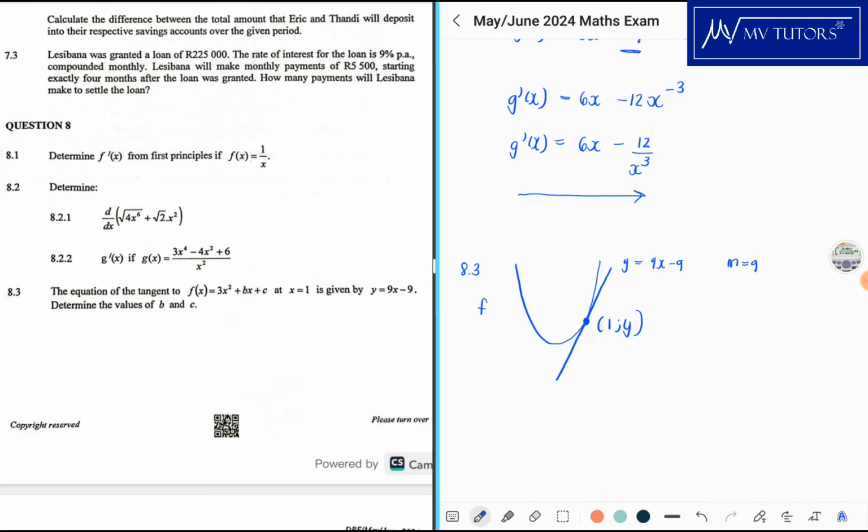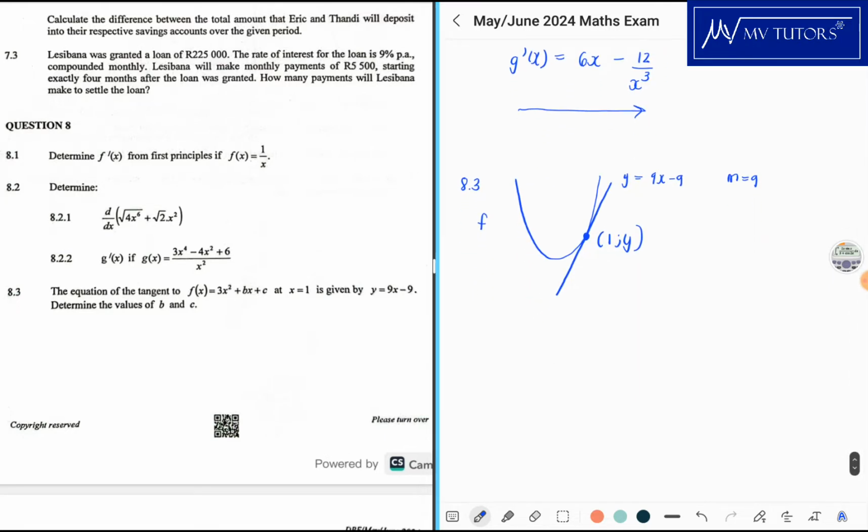Now it says determine the values of b and c. So this is where you now apply the first derivative. When you're getting the first derivative, you're getting the gradient of a function. We know that f of x is 3x squared plus bx plus c.